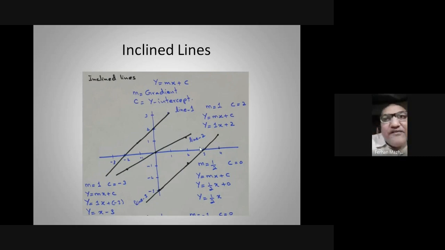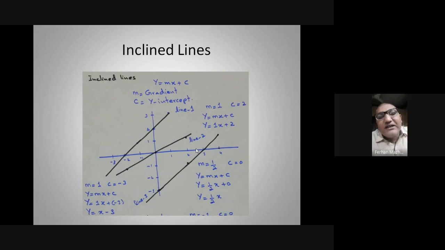If you know the gradient of a line and you know the y-intercept of an inclined line, what's the meaning of the gradient?